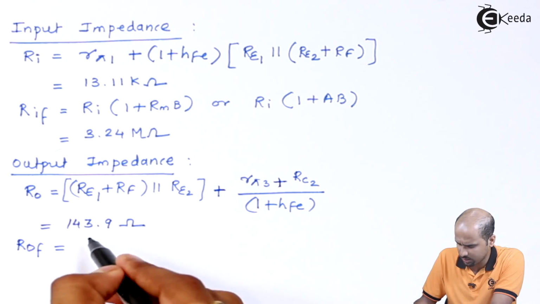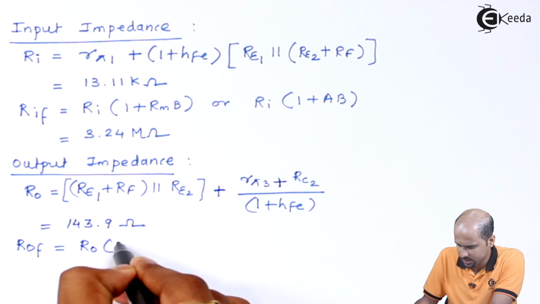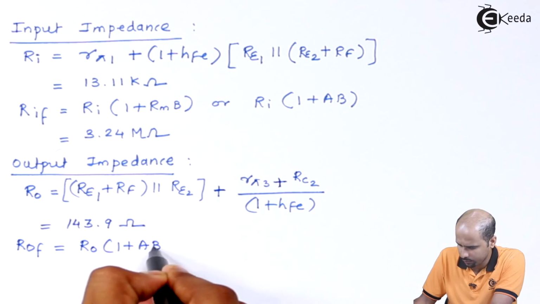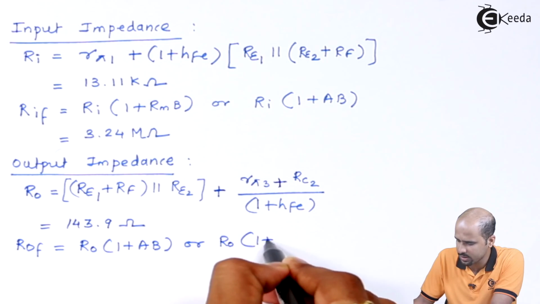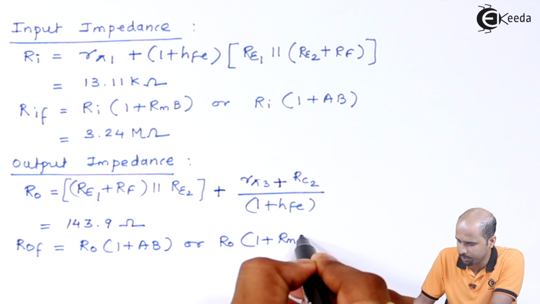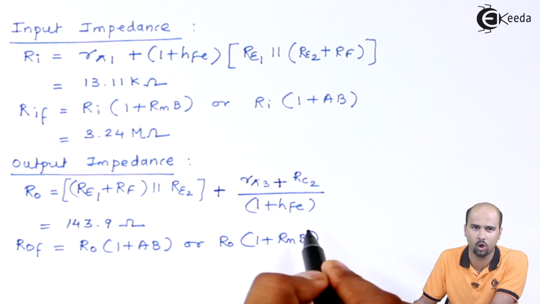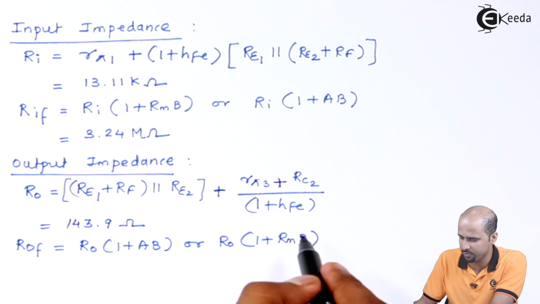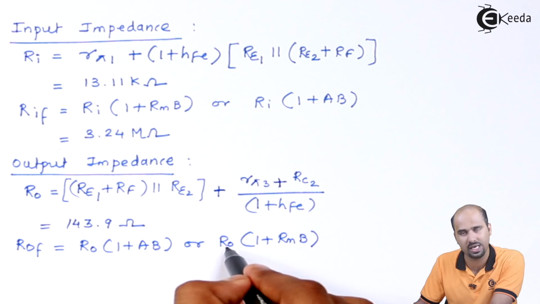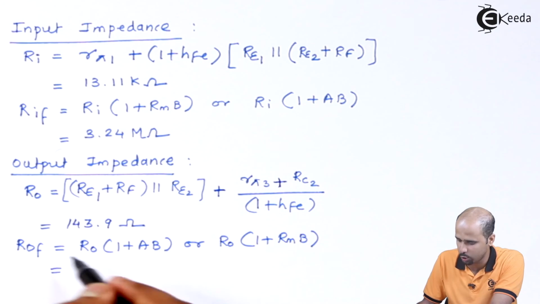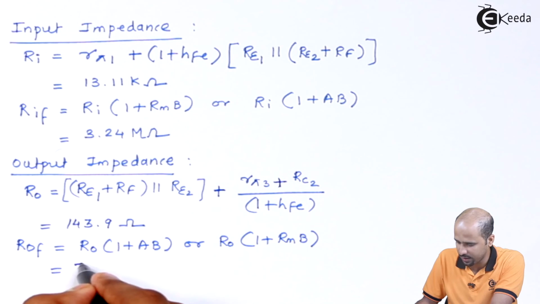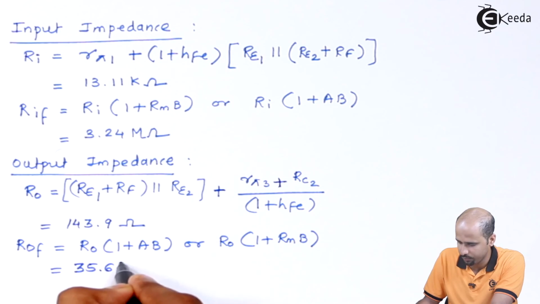So ROF is nothing but Ro multiplied by 1 plus AB, or we can also say it as Ro multiplied by 1 plus Rm into B. B value we have already calculated, Rm we have already calculated, Ro we just have found out, and with the use of calci we'll get this value ROF as 35.6 kilo ohm.